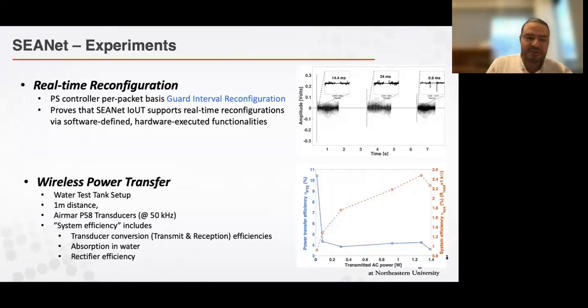And this last test was primarily demonstrating the feasibility of wireless power transfer. You can charge these devices using multiple distributed transducers, doing some sort of beamforming towards the receive antenna, and getting enough charge that you can operate without a battery on the devices.